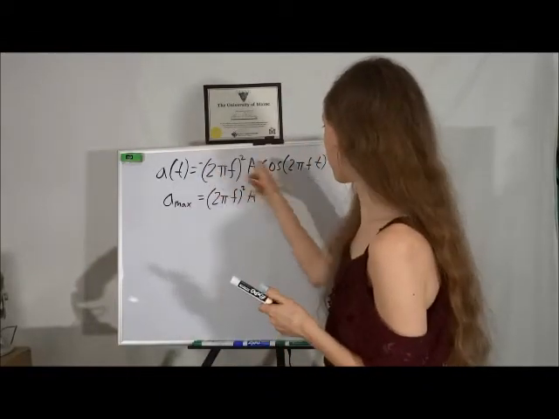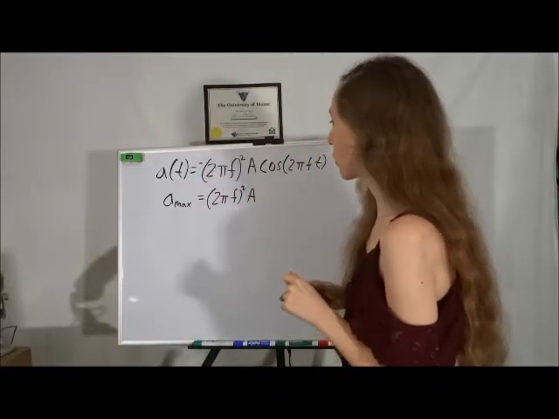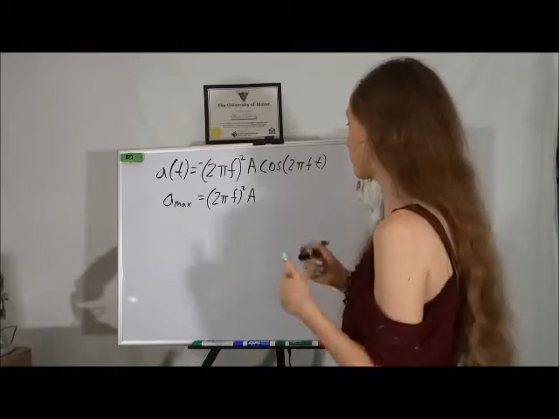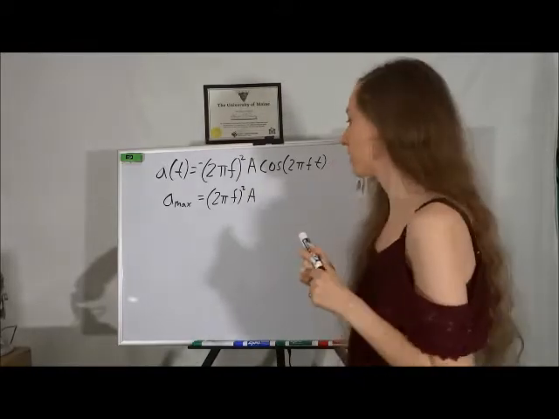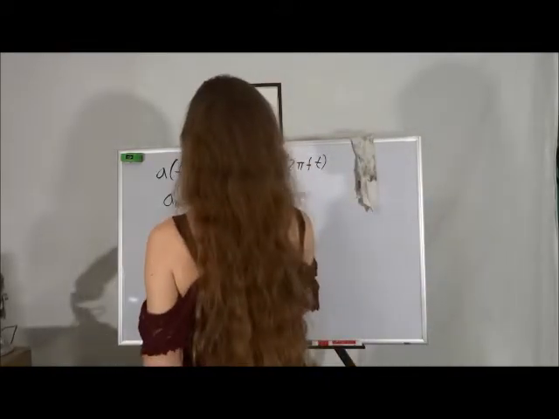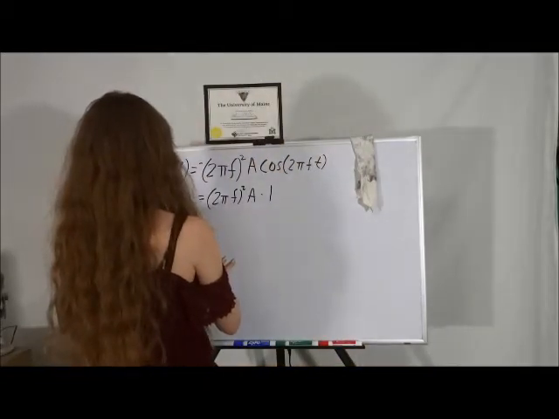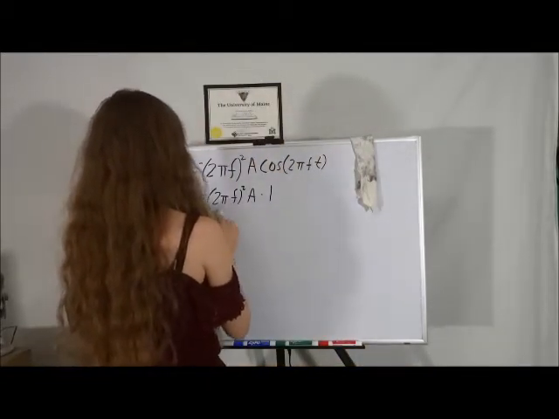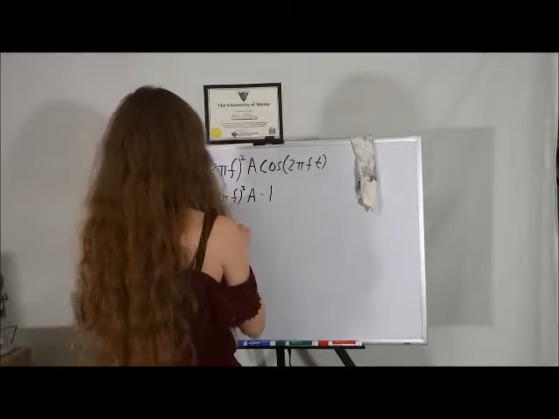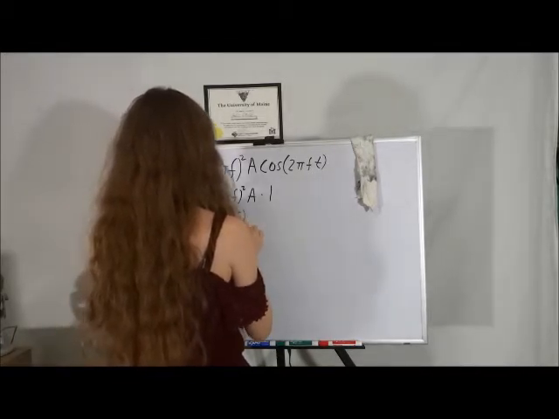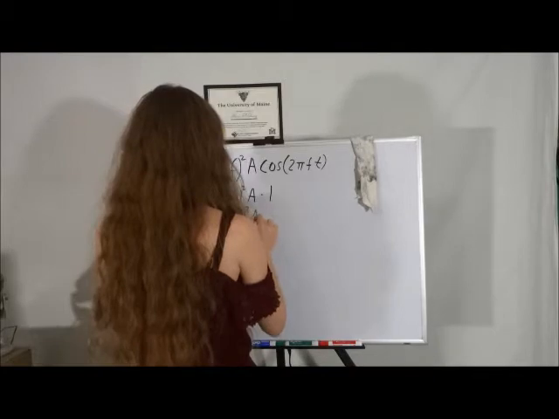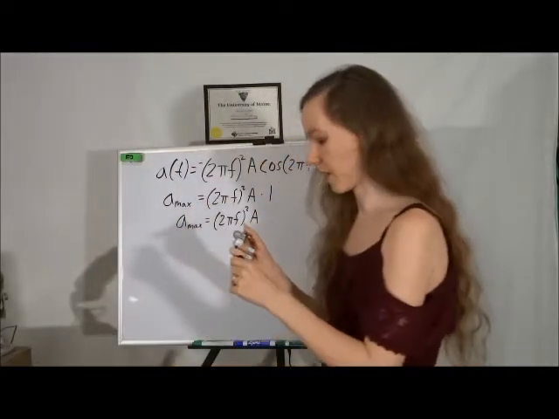If we lump the negative sign in with cosine, the maximum value that negative cosine could be is +1, so this is going to be times 1. So our a max is equal to (2 pi times our frequency) squared times our amplitude, and that's the maximum value it can take on.